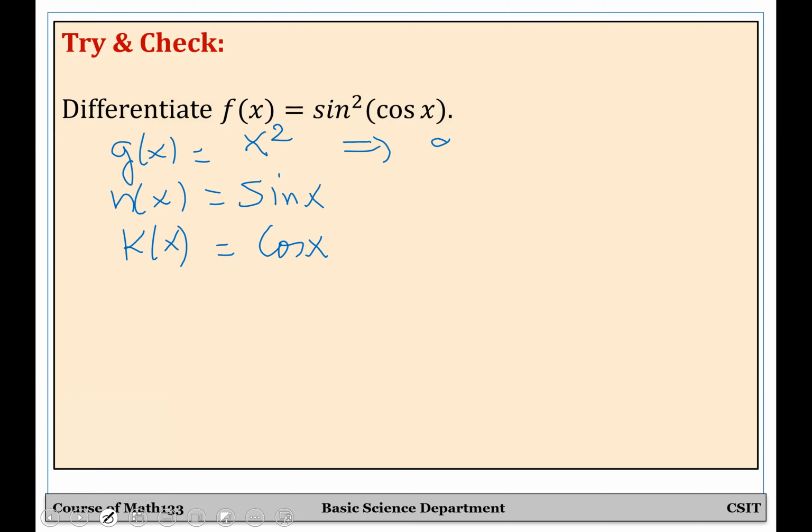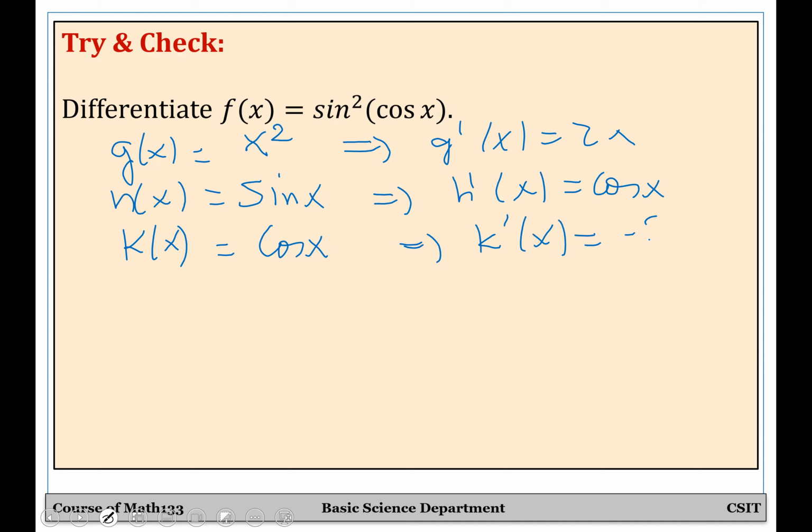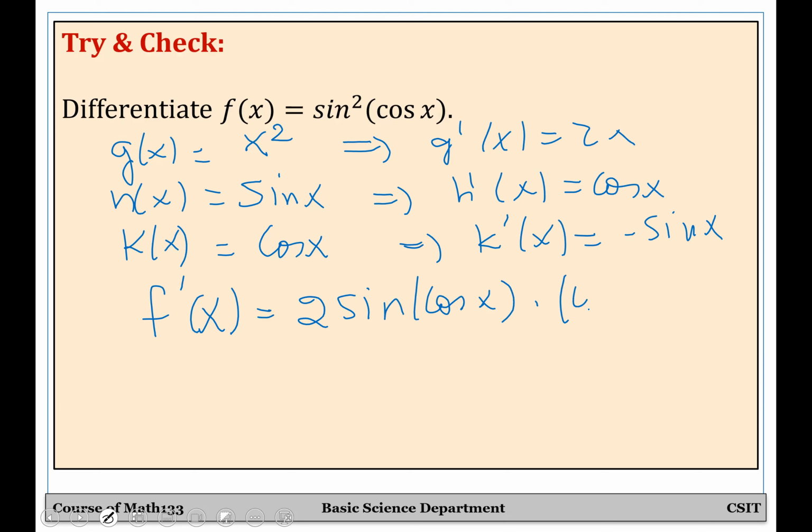So here I will have g prime equal to 2x, h prime equal to cosine x, and k prime equal to minus sine x. And now the chain rule: it's 2 sine of cosine x, multiplied by cosine of cosine x, and multiplied by minus sine x. That's the derivative.